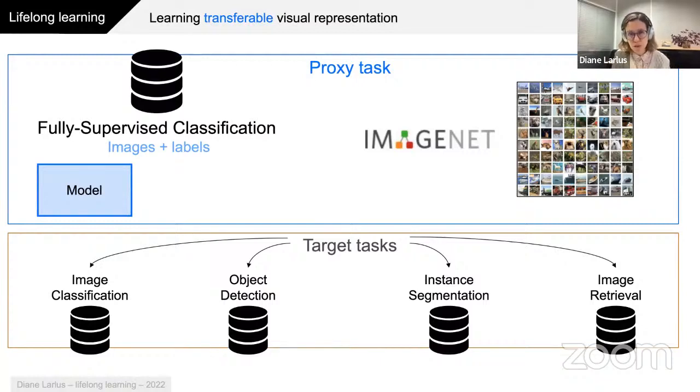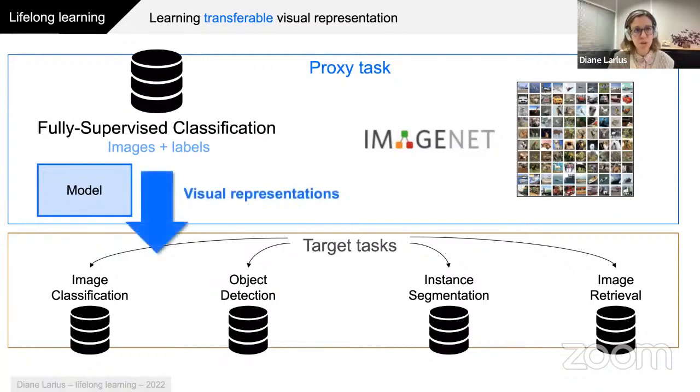We've seen that we can also use text that is proposed together with images to train good visual representations. But no matter how we build this model that creates a visual representation, what we would like now to do is to find the best way to evaluate that the representations we've built are in fact useful for something.